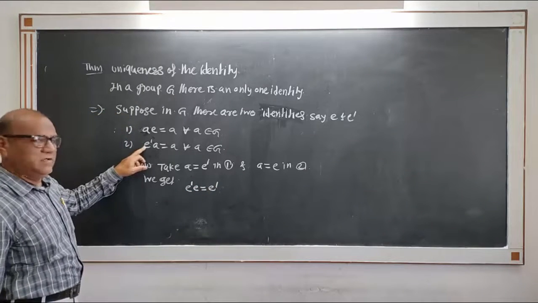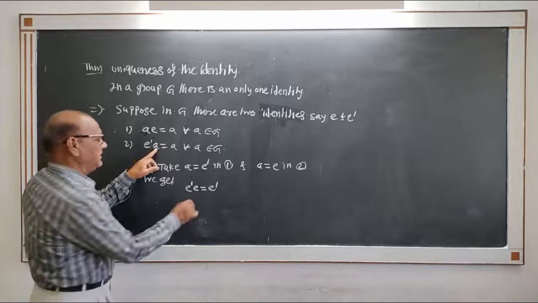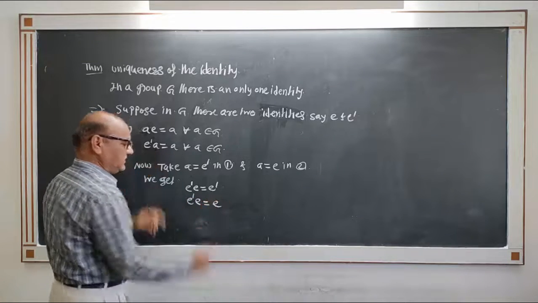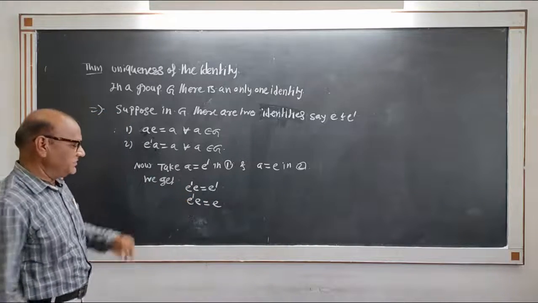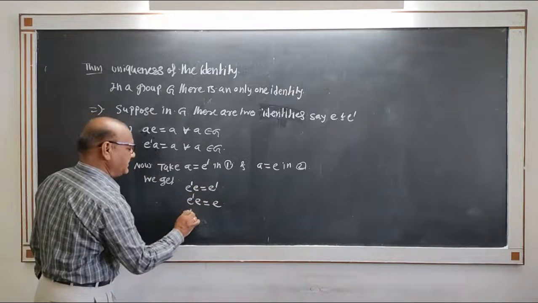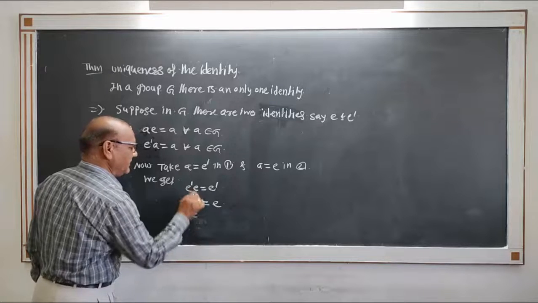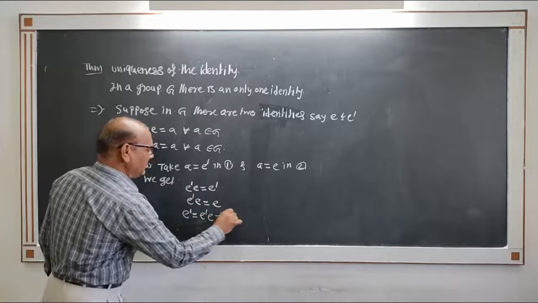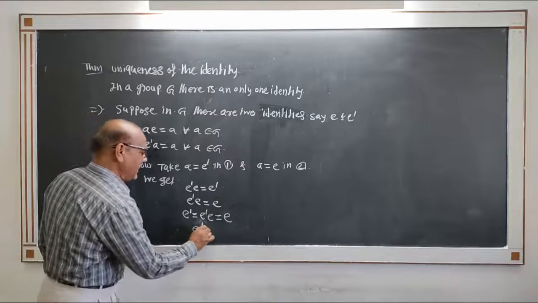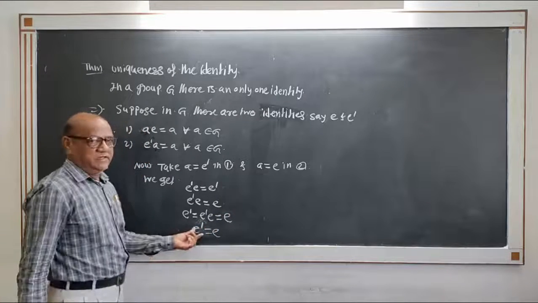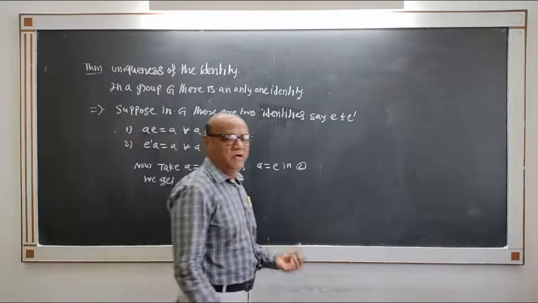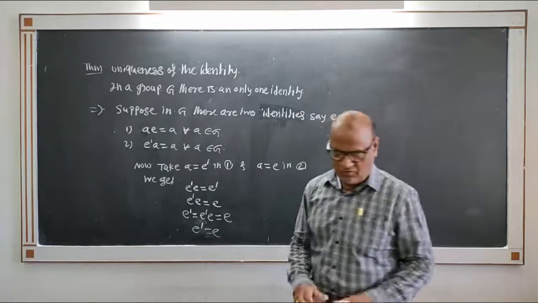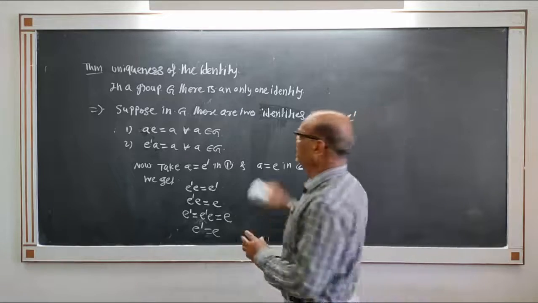In the second, put A is equal to E. That means E dash E is equal to E. Again, from these two relations, E dash is equal to E dash E, and E dash E is equal to E. That means we get E dash is equal to E. That means there is only one identity in G.